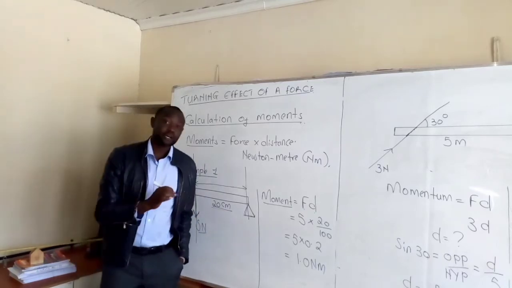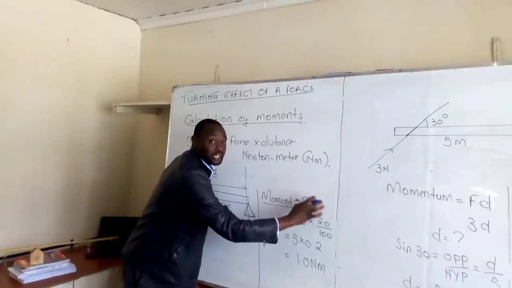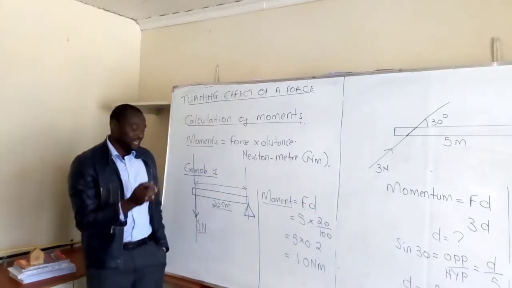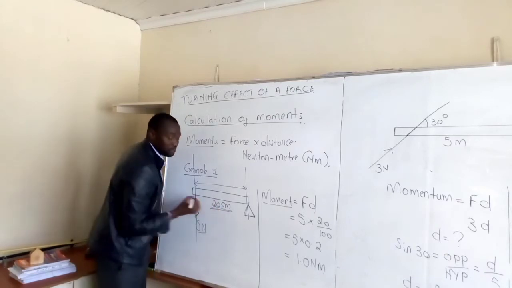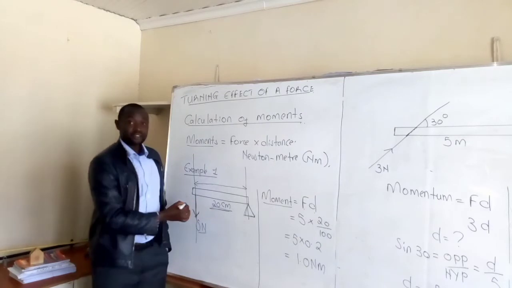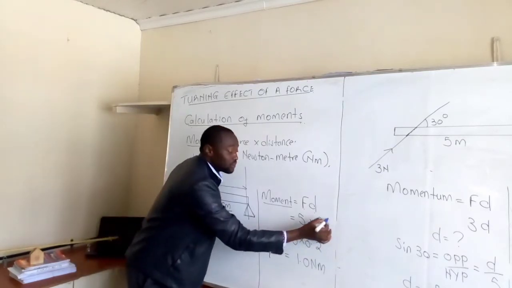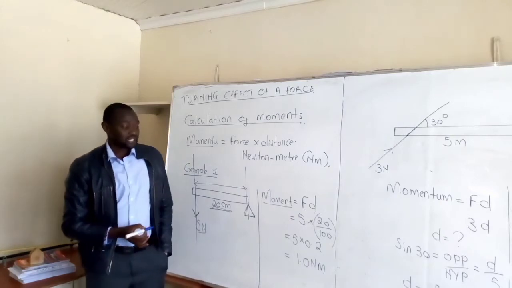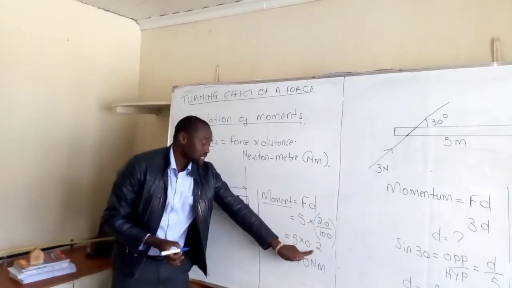Again, you need to recall that anytime we incorporate a measurement in any calculation, that measurement should be in its SI units. The SI unit of length is the meter. Therefore, we divide 20 centimeters by 100 so that it gives us 0.2 meters.